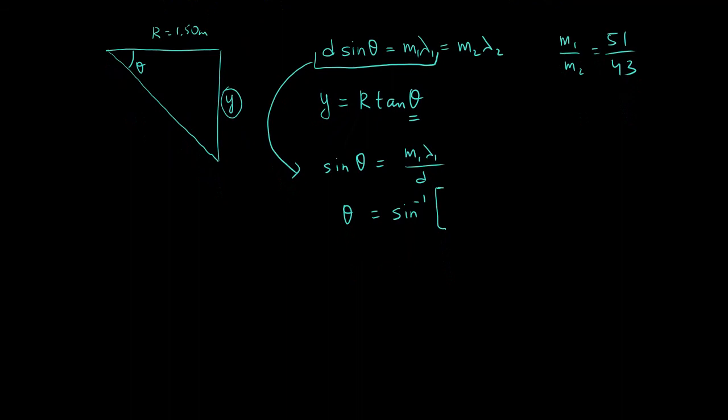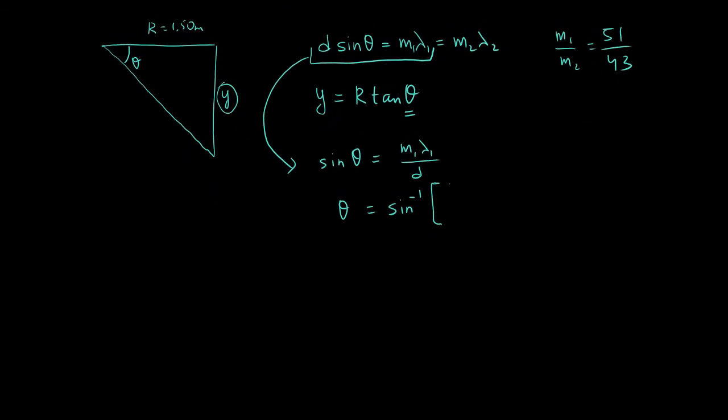So here we have 51 times lambda 1, which is 430 times 10 to the negative 9 meters, divided by d, which is 0.025 times 10 to the negative 3 meters, and then plug this into a calculator.